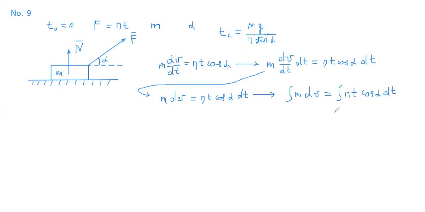Okay, and now the next step is to write integral limits. The lower integral limit we can get from the initial condition.